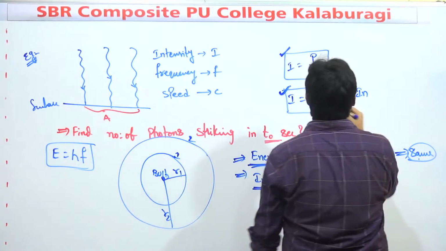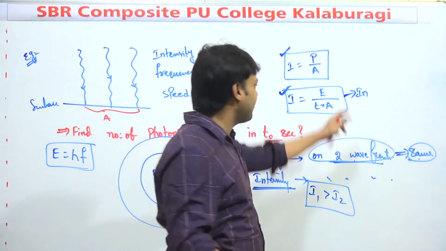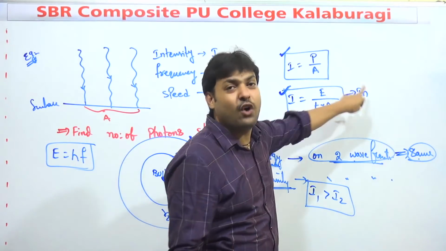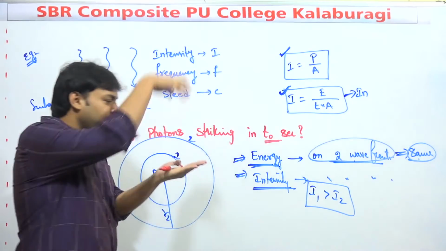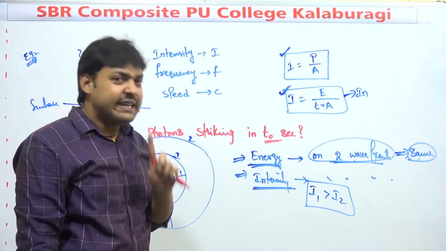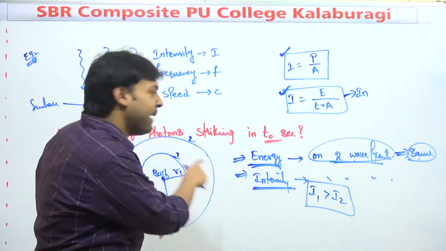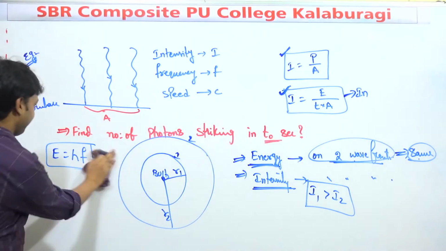So intensity is energy falling per unit time per unit area. Try to write the complete thing: energy falling per unit area per unit time, we call it intensity. So this is the background story for this question.